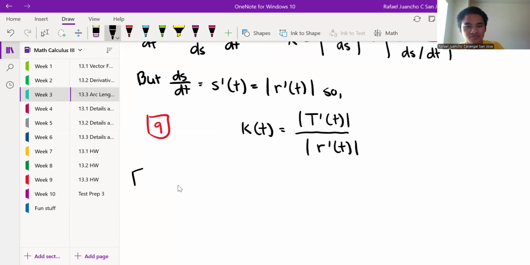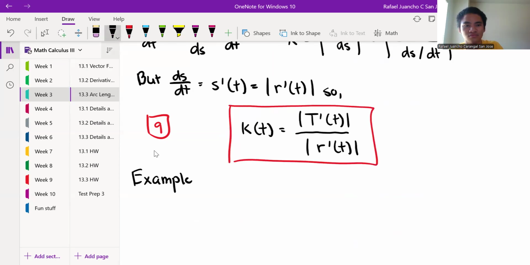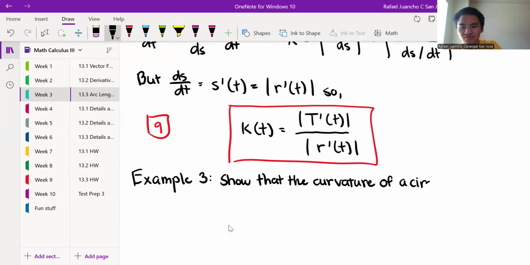Let's do an example. So here was that example 3. Here we're being asked to show that the curvature of a given circle of radius a is 1 over a.